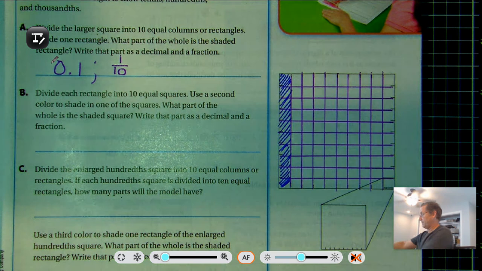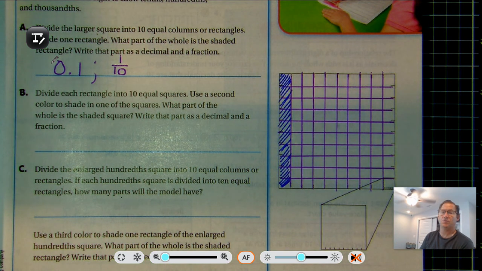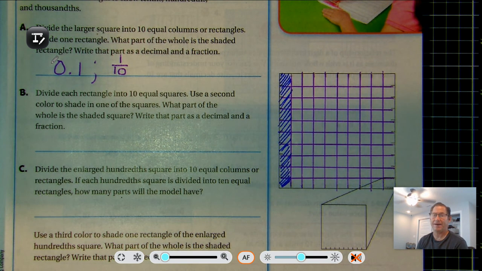All right, so now I've taken each of those tenths and split them into 10 more parts. Well, that's 10 times 10, right? 10 times 10 is 100.